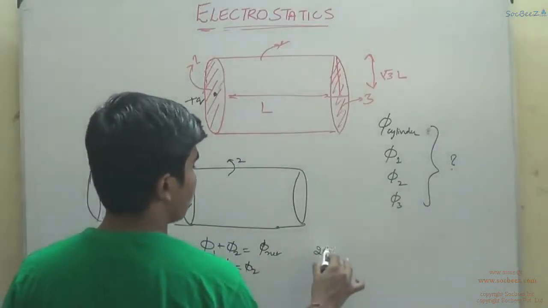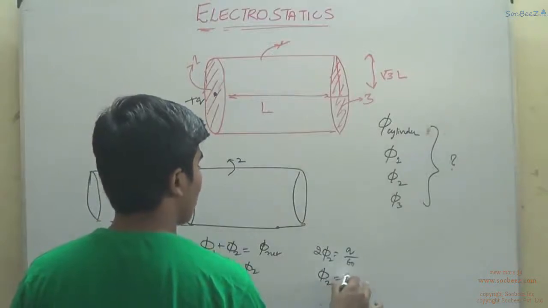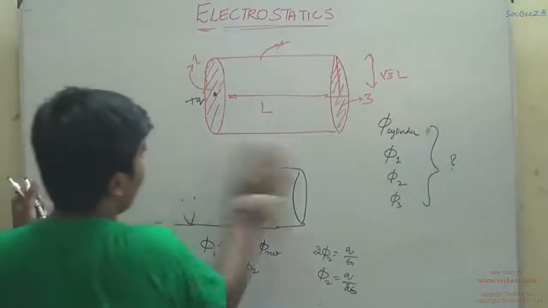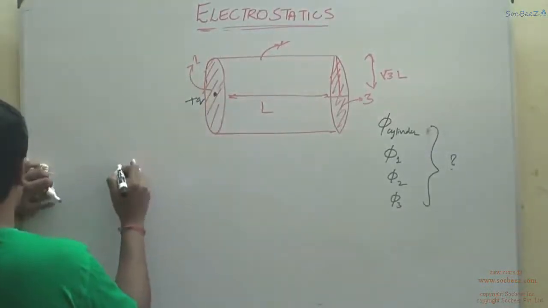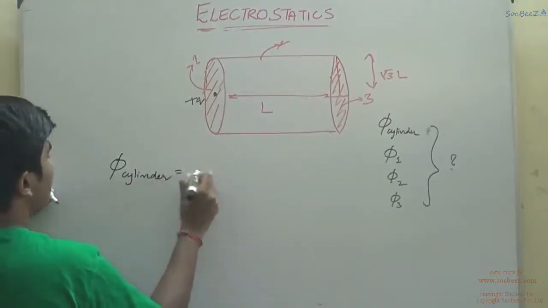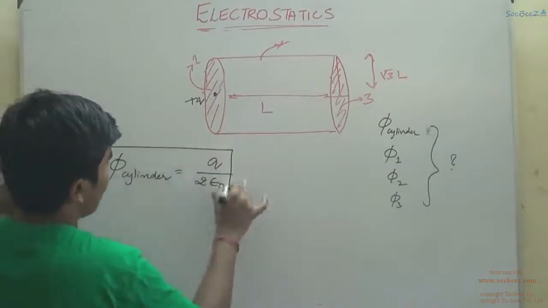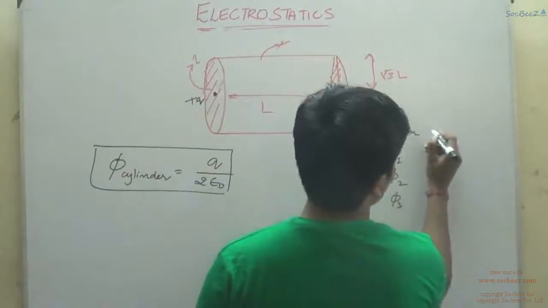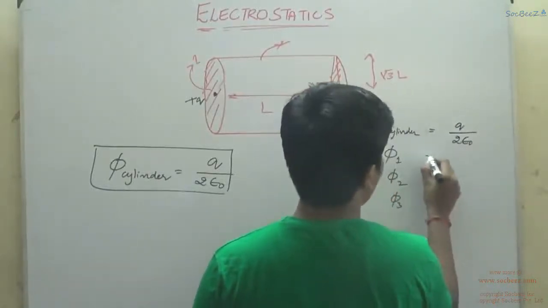So 2 times flux 2 will be equal to q by epsilon naught. Thus flux 2 is equal to q by 2 epsilon naught. Thus we found out that the flux through the cylinder is equal to q by 2 epsilon naught. So let us just write it over here. And flux 1 was 0.